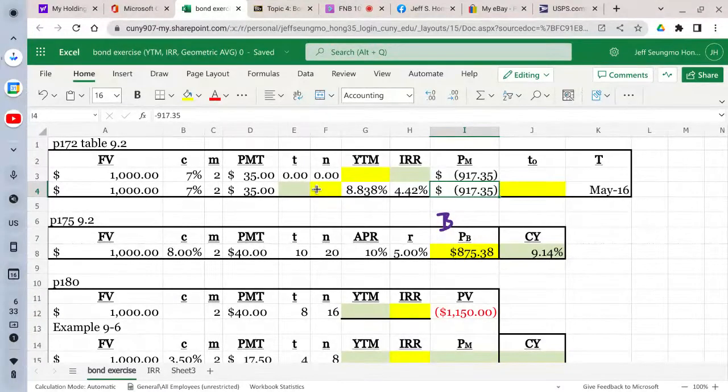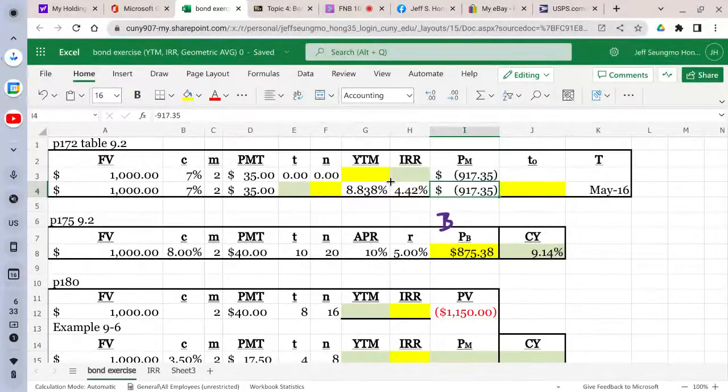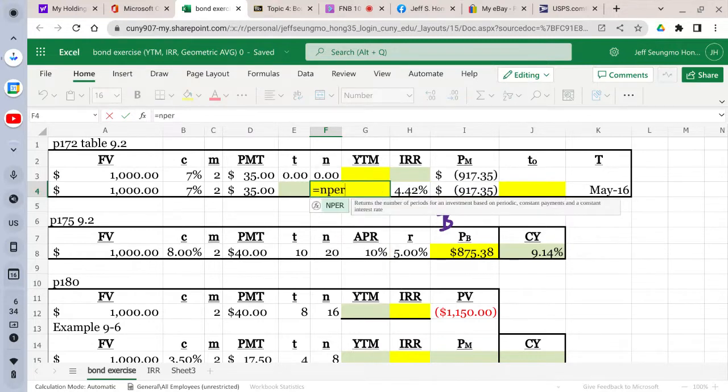So I simply used, I can solve it with natural log, but I simply used the NPER function, n period, n per here, right? Asking for a rate, you gotta give this rate, right? Comma, and then payment. There's the payment, comma, present value.